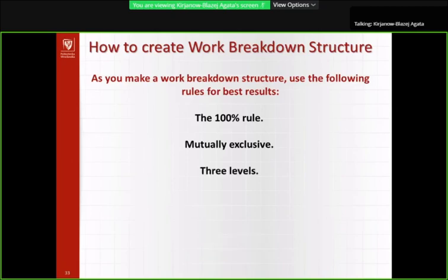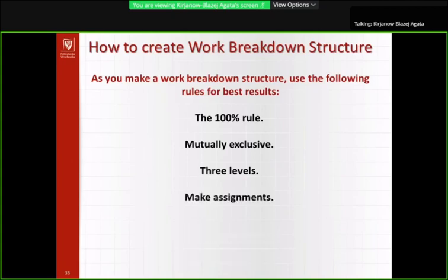Three levels. Generally speaking, WBS should include about three levels of detail. Some branches of the WBS will be more subdivided than others, but if most branches have about three levels, the scope of your project and the level of detail in your WBS are about right.